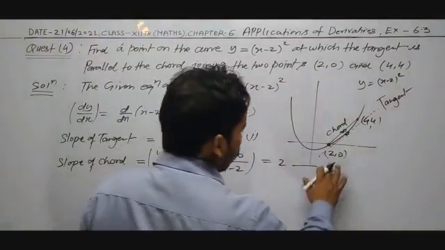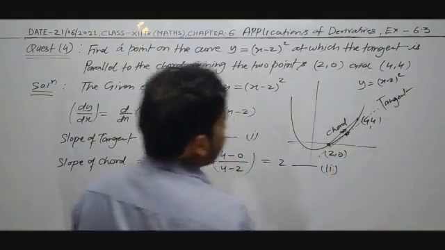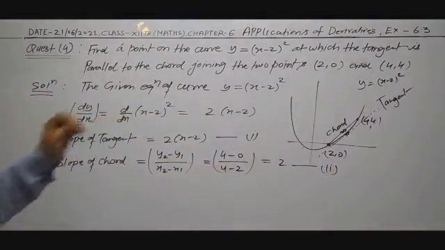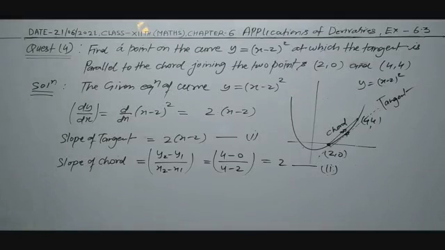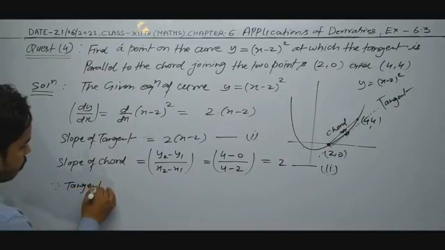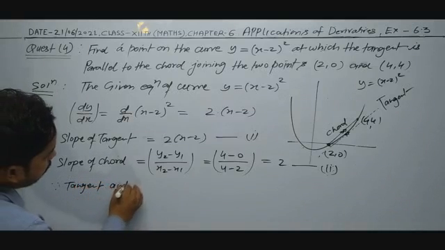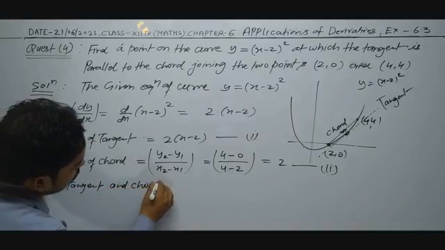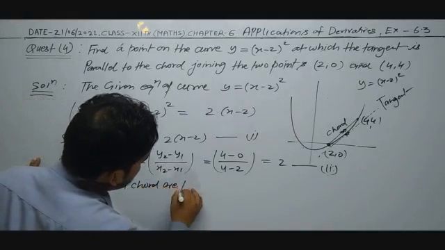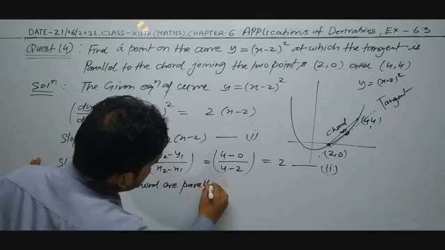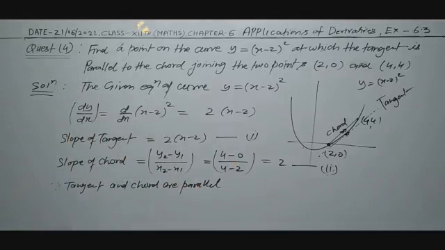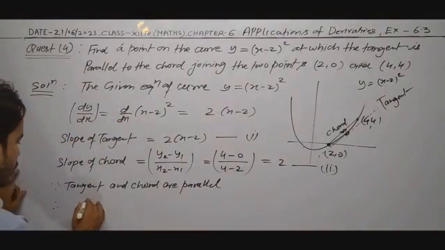Now you know the slope of the chord and the slope of the tangent are equal because they are parallel. Since the tangent and chord are parallel, therefore their slopes will be equal.